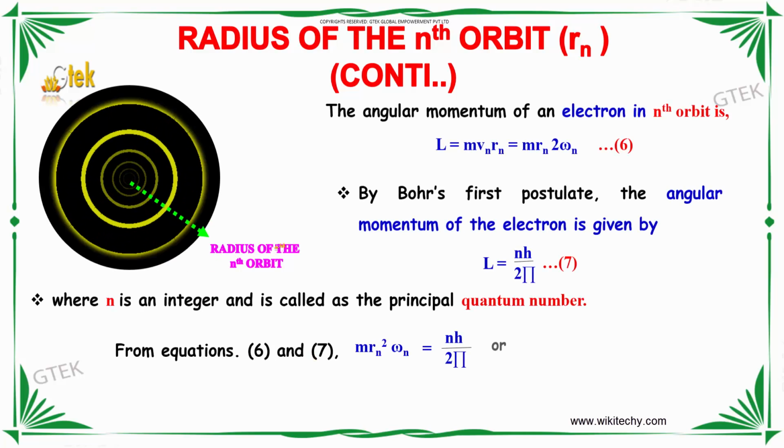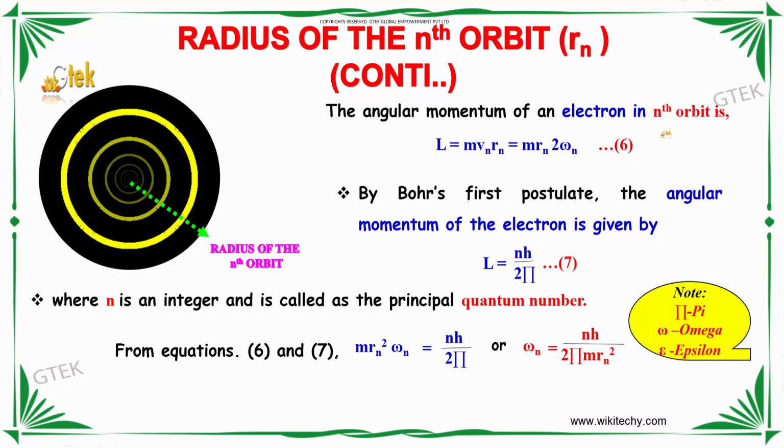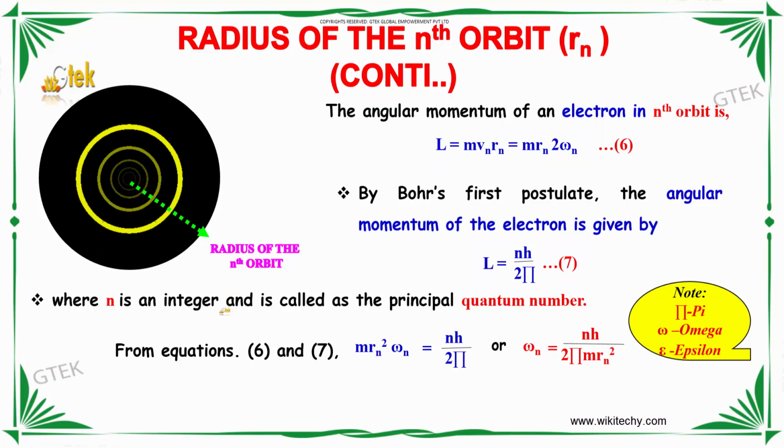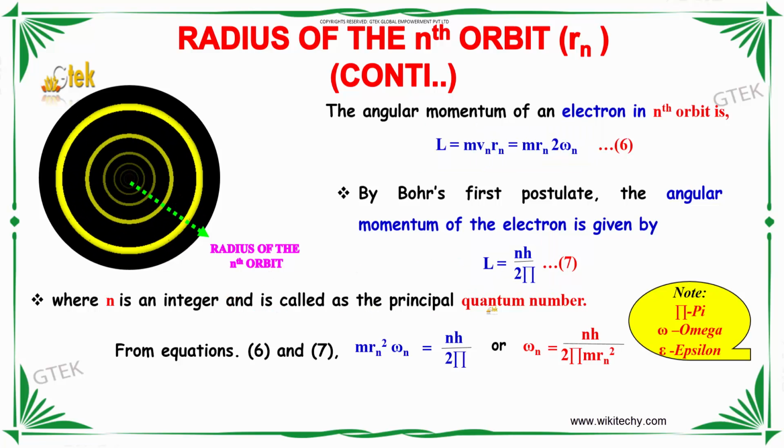Now the angular momentum of an electron in the nth orbit is L equal to m vn Rn, that is m Rn square omega n, which is equivalent to your vn Rn. By Bohr's first postulate, the angular momentum of the electron is given by L equal to nh by 2 pi, where n is an integer called the principal quantum number.